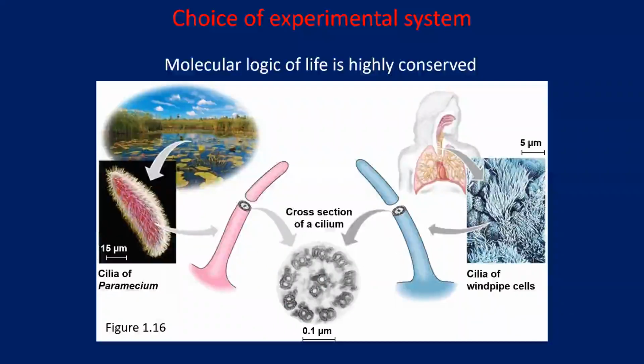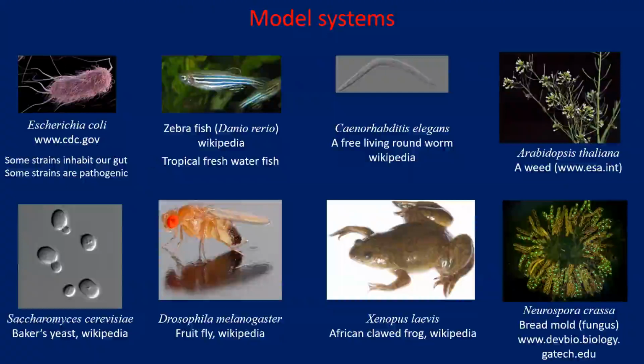So when you think about the model system also, nature will find a very optimal solution, and it will retain something over millions of years of evolution, and it will adapt those particular things in a different manner. So even though the structure and architecture of the cilia are the same, the function is very different. I will make a point of this in a minute.